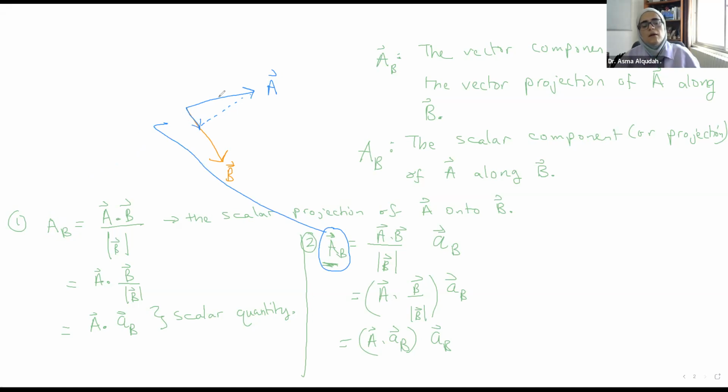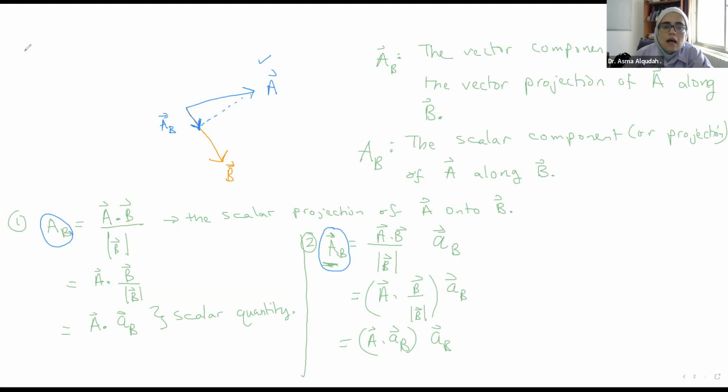So this is the vector projection of A along B. In terms of magnitude, it's the same as the scalar one, but we add this arrow to give this projection a direction along B. So this is vector A, and this is its projection along B. We call it the vector projection. We call it A sub B.